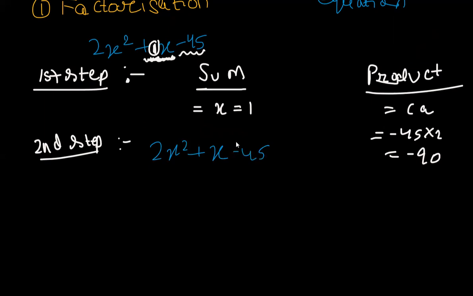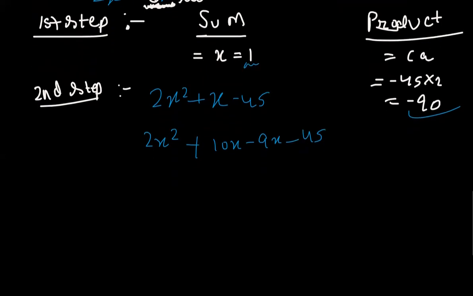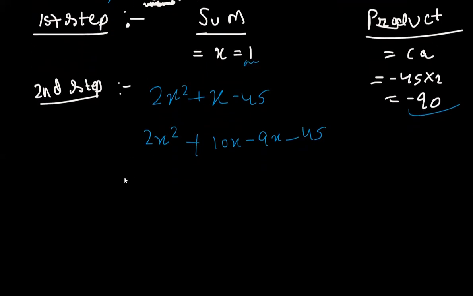To make the product minus 90 and sum 1, we can write 2x square plus 10x minus 9x minus 45. Because 10 into minus 9 is equal to minus 90, and 10x minus 9x is equal to 1x. So 1 is the sum. Now it is correct.